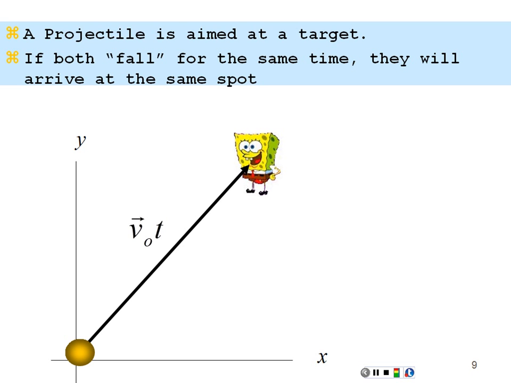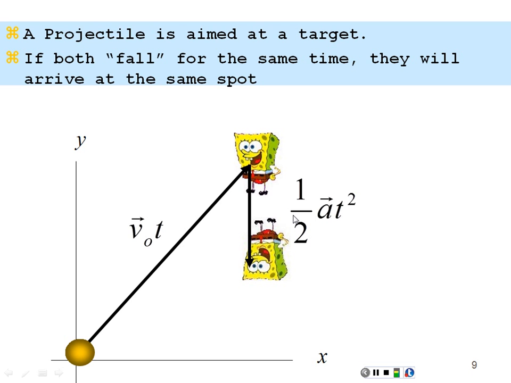So he decides simultaneously to let go and fall as soon as you shoot. And he's going to laugh, that irritating laugh, as he's falling, because he's thinking he's going to get missed. So he's going to fall, and he'll go through some displacement in his fall of 1/2 at squared.